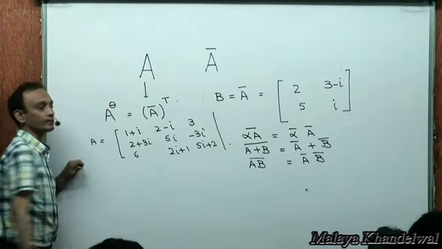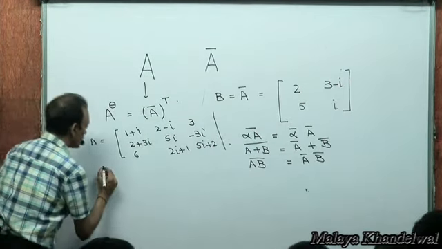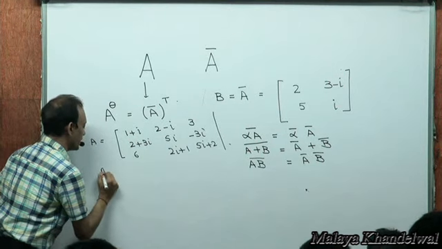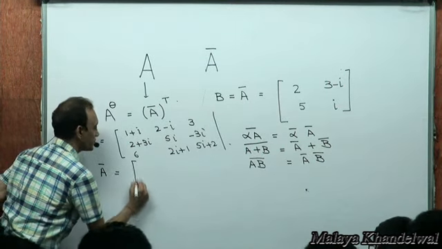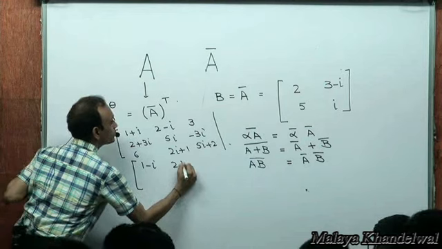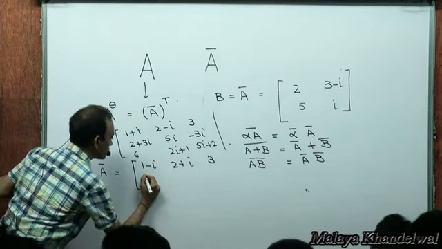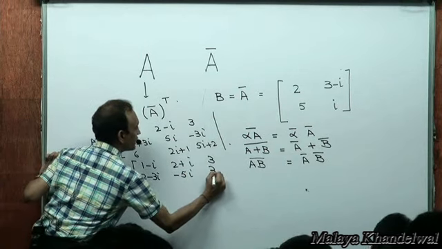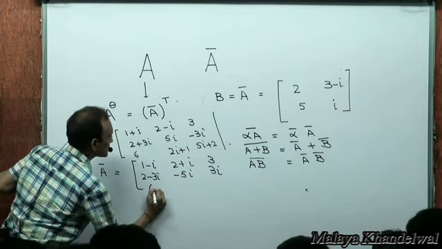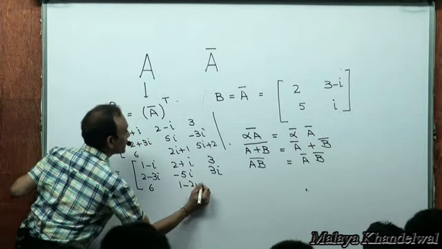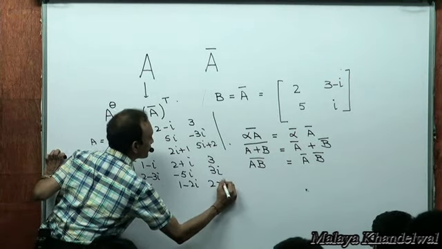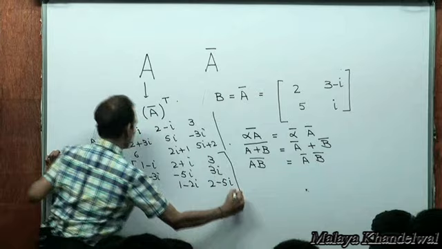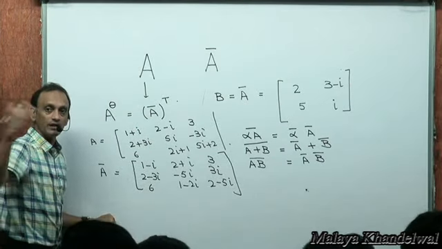That's A. Then what would A bar be? A bar would be simply 1 minus i, 2 plus i, 3, 2 minus 3i, minus 5i, 3i, 6, 1 minus 2i, and 2 minus 5i. That's A bar.